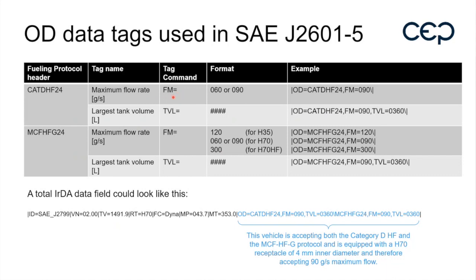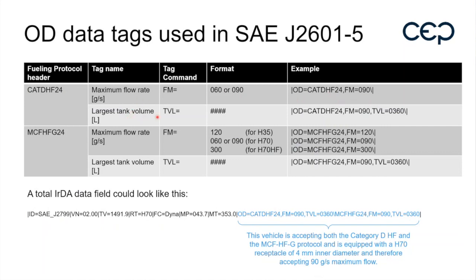I don't recall why we called it flow maximum, not MF but FM, and it can be 60 or 90. So the vehicle can send out: look, I'm equipped with a 3 millimeter receptacle, just give me 60 grams per second maximum flow rate, please. Or it can be 90. So here's an example of how it will look in that case.